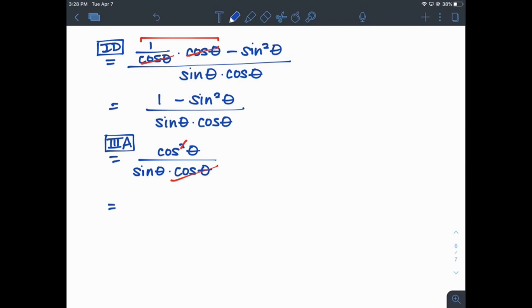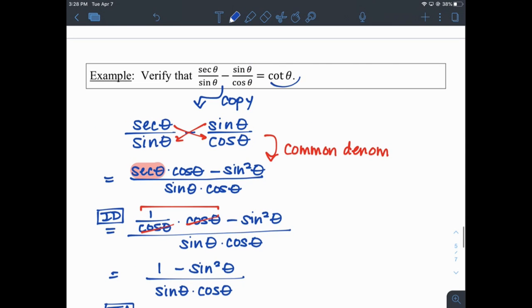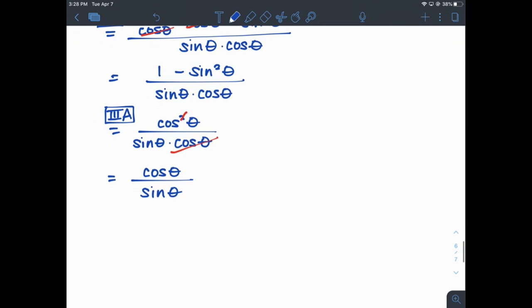Cancel one of those cosines in the top with the cosine in the bottom. You get cosine of theta over sine of theta. The goal is cotangent of theta. And we are at that goal using 2b. We get cotangent theta.